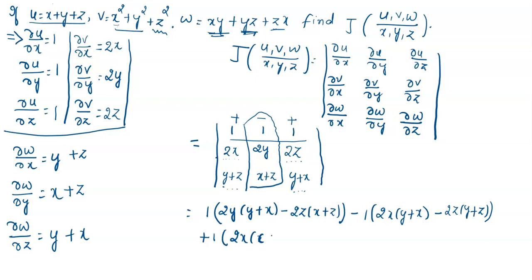So simplify this. We have 2y into y is 2y square plus 2xy minus 2xz minus 2z square, minus, same thing, you have to multiply this along with the sign.